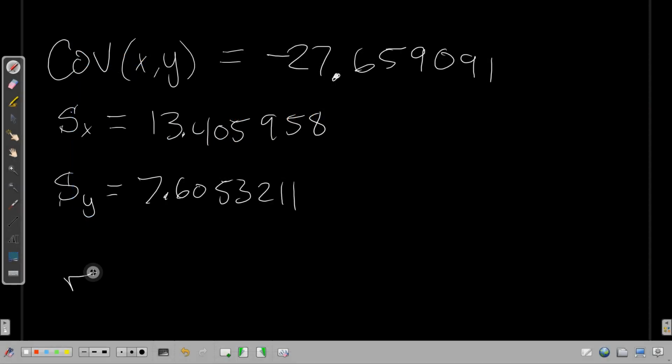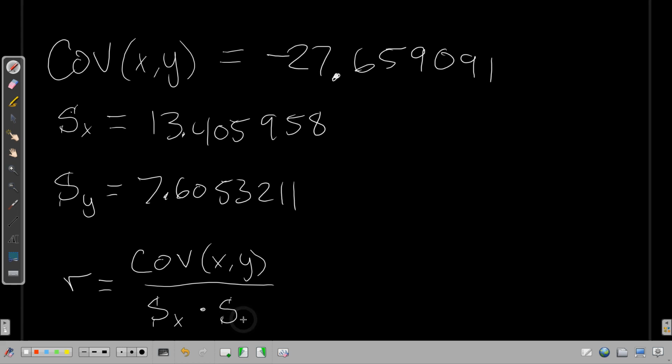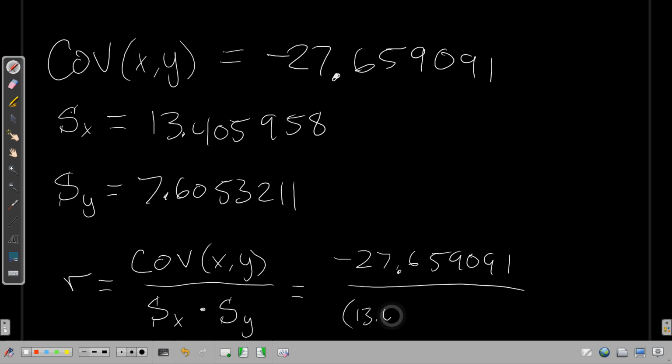So then my R value, since it is the covariance of x and y divided by the sample standard deviation in the x direction times the sample standard deviation in the y direction, would be minus 27.659091 divided by the product of 13.405958 and 7.6053211.